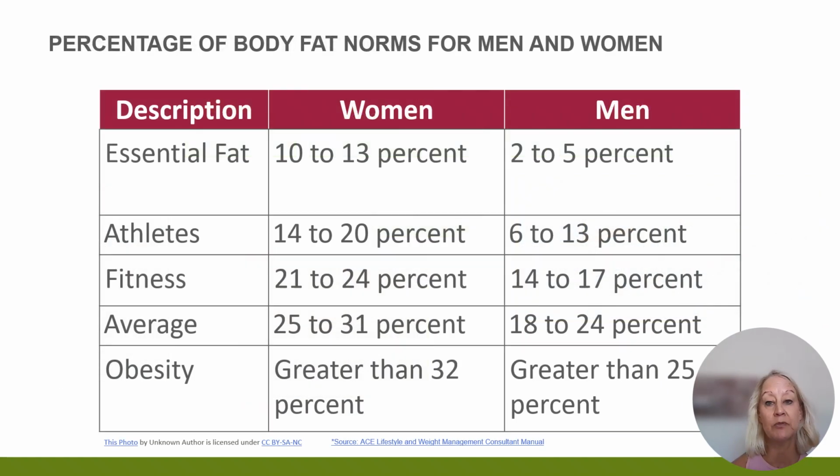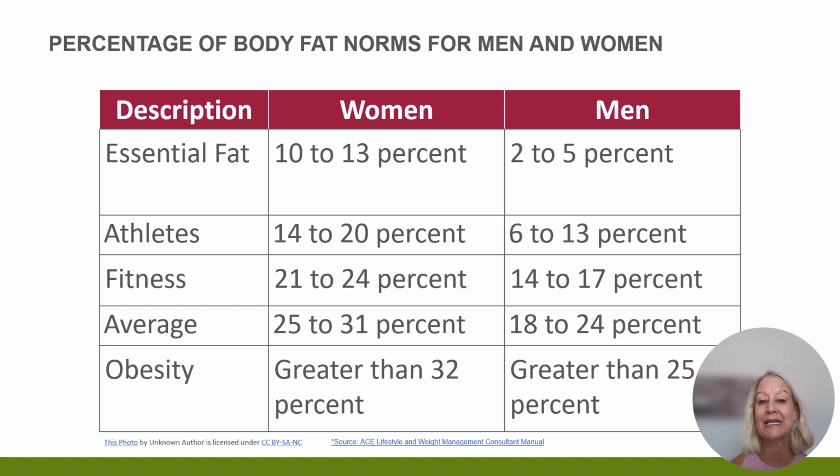And it's important to remember that some body fat is essential for health, especially for hormone regulation, temperature control, and organ protection. Here are general body fat norms for healthy individuals. So if we look at men, they need 2 to 5% for normal functioning, and it's essential fat.